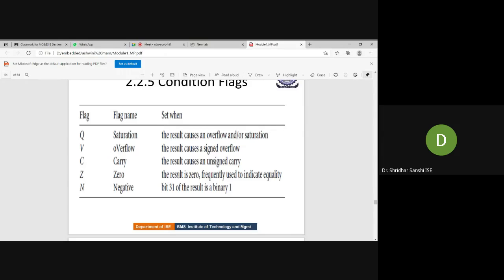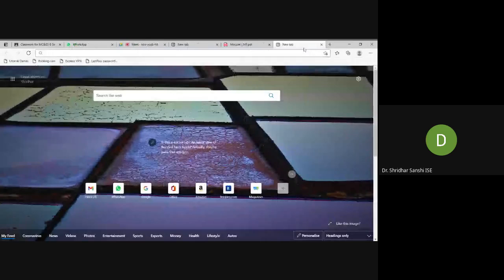Whenever we are doing an ALU operation, like subtraction, addition or something, so if you want to set a flag, you need to add the S to the instruction. Say, I will open one here.